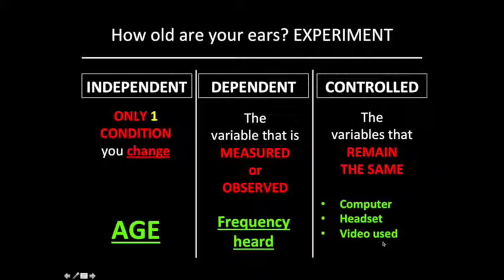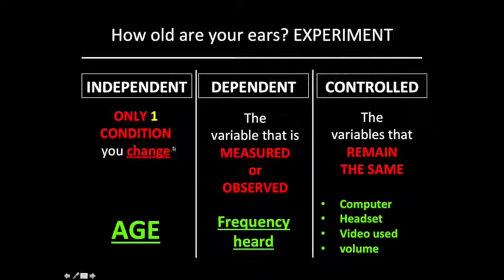Okay, we all must use the same YouTube video that was assigned, because maybe the compression sound is different if you use another video, and that can affect the results of your experiment. Very important, the volume used. Okay, it needs to be the same volume for everybody tested.